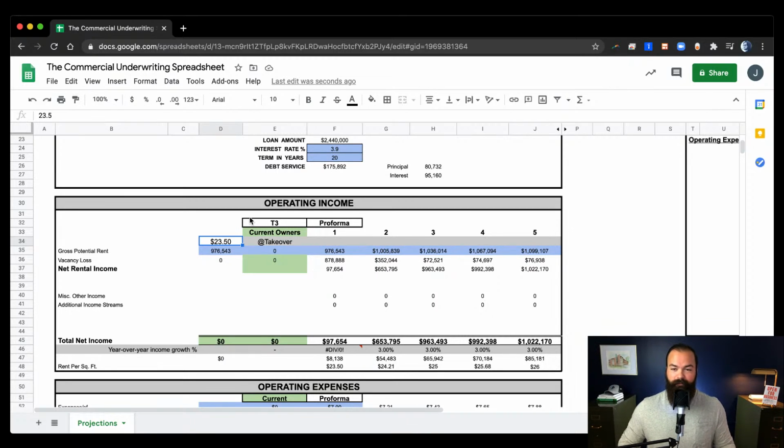Now, I like to bring my projects in at well below market rates. This is going to be a BRRRR strategy. So the whole point is to buy it, rehab it, rent the property, then refinance it, pull all of our cash out, and move on to the next project. So I prefer to do that very quickly because I get velocity of capital.